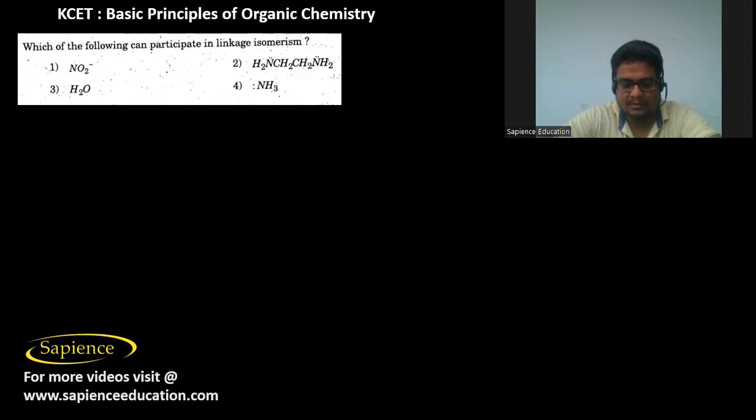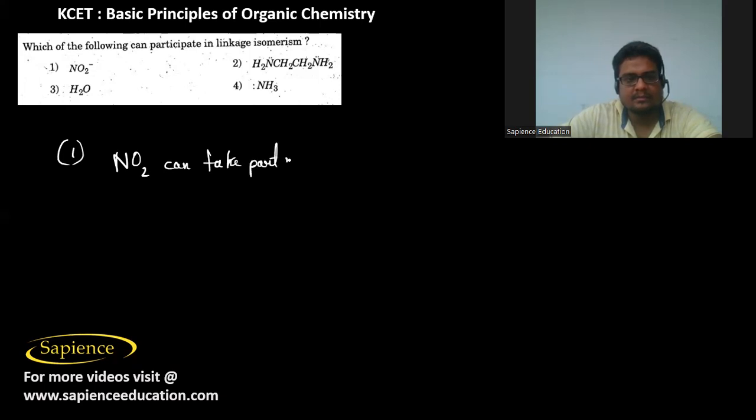For example, the answer will be option 1 only, since NO2 can take part in linkage isomerism, which happens in the case of D block elements.